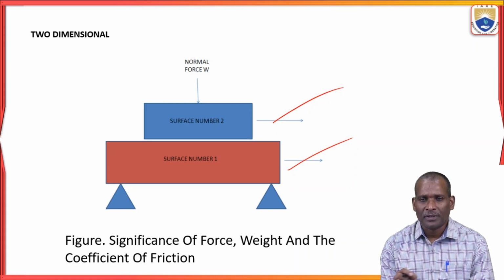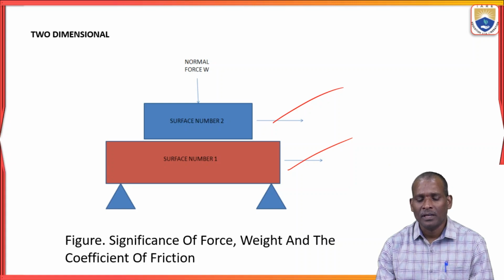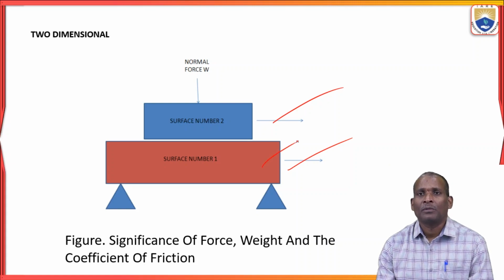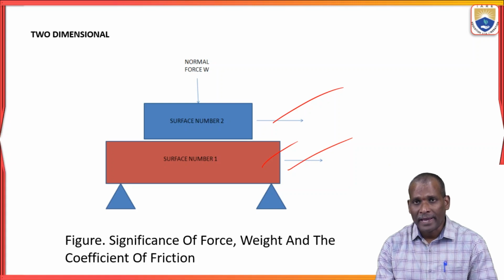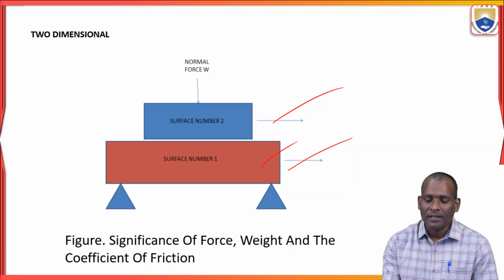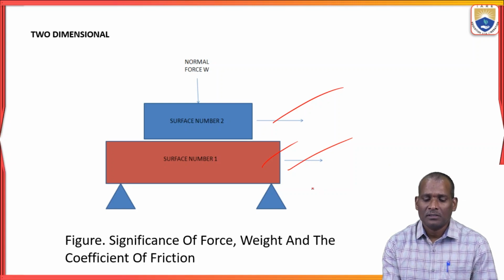It shows the significance of force, weight and the coefficient of friction. Whenever surface number 2 presses over surface number 1, there will be friction. Frictional resistance force will act. The normal force is perpendicular to the sliding force.